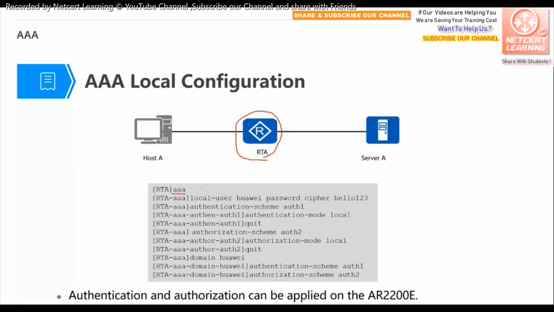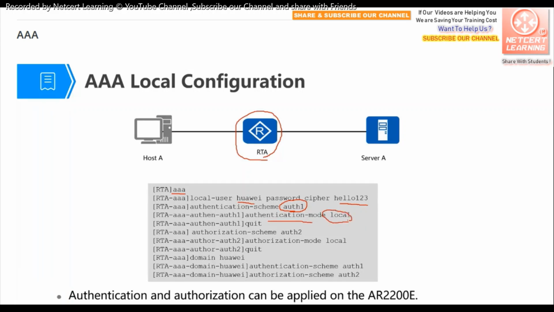Then we create a username, Huawei, and password, hello123. And then we configure an authentication scheme. The name is Authentication 1. And then we set the authentication mode to local.